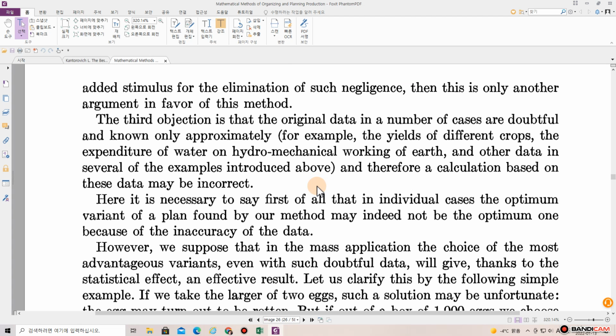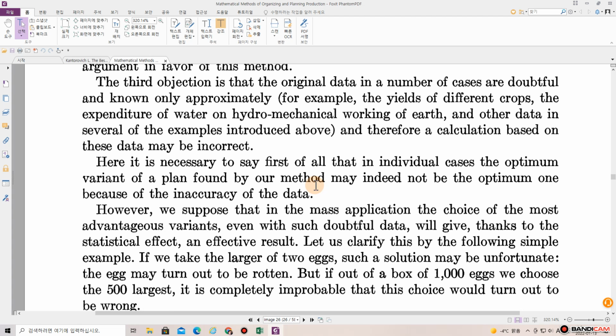The third objection is that the original data in a number of cases are doubtful and known only approximately. For example, the yields of different crops, the expenditure of water on hydromechanical working of earth, and other data in several of the examples introduced above, and therefore a calculation based on these data may be incorrect.